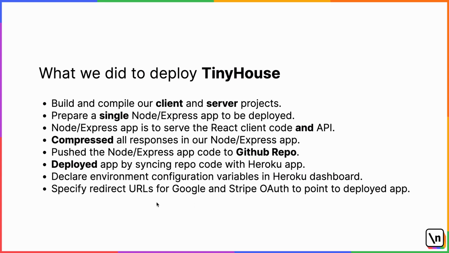And lastly, we specified the redirect URLs for the Google and Stripe OAuth to have them both redirected to our deployed app as opposed to our local development environment. If we were ready to receive actual payments within our app, there would be an additional step here that involves swapping the development Stripe credentials we have in our app to the actual credentials that pertain to our Stripe connected account within the production setting.